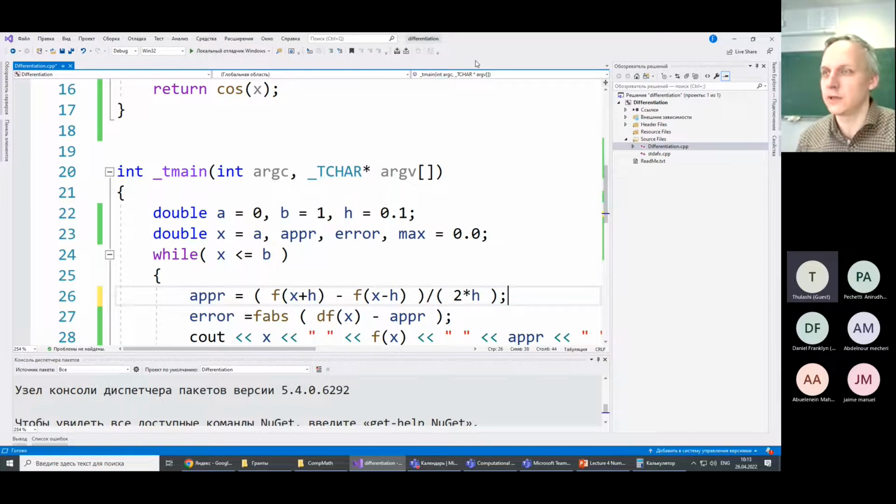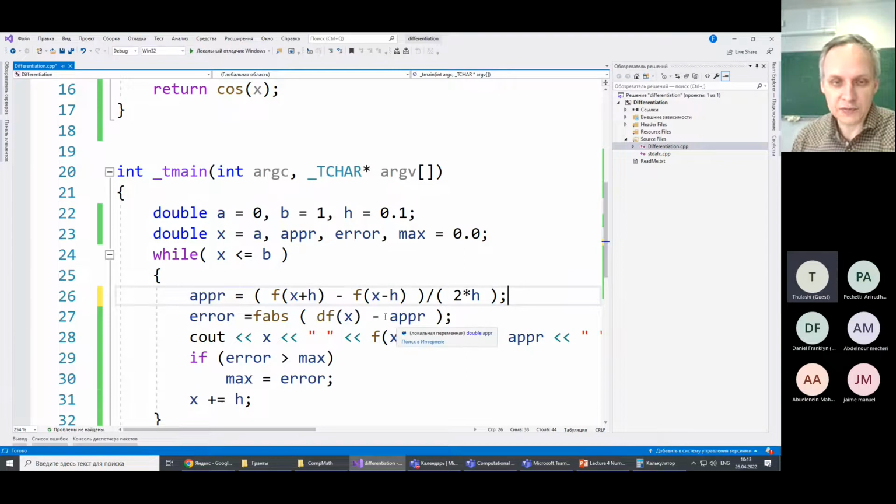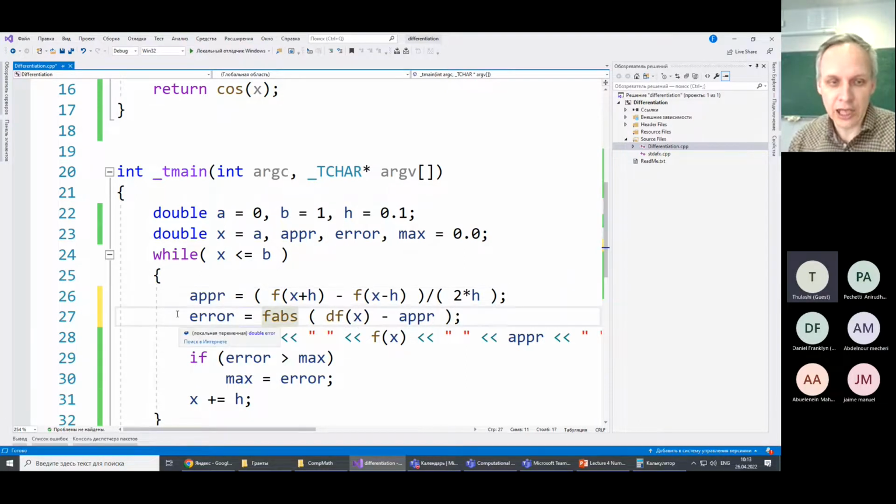The formula for the first derivative using 3 points. And after that, let's estimate the error as the absolute value of the difference between df of x and the approximation.